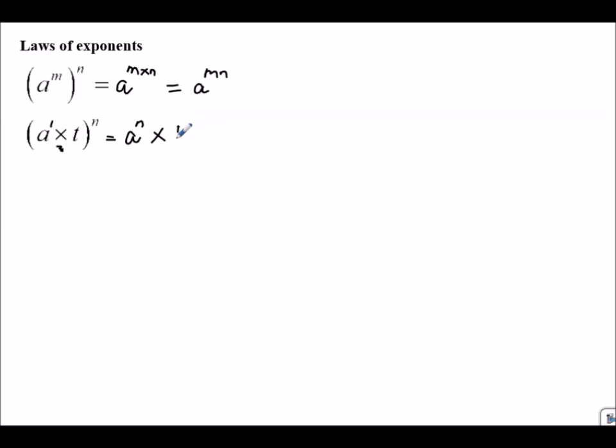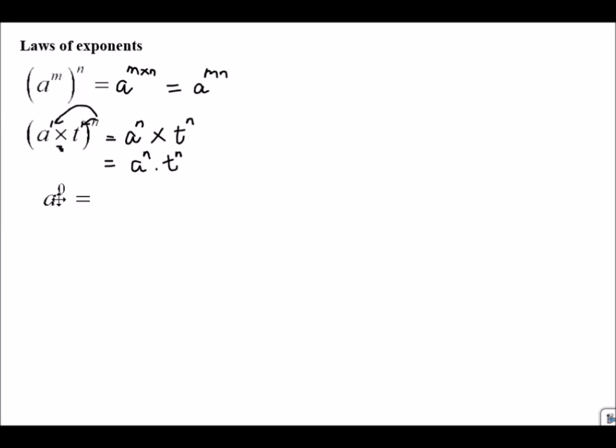Multiplied by, write down the base. Multiply exponent. So remember, it was almost distribution from the top. T, 1 multiplied by n is n. So that would equal a to the n multiplied by t to the n.